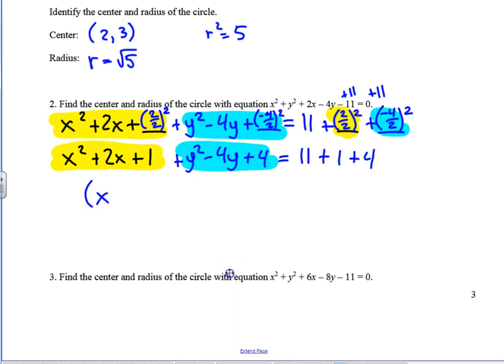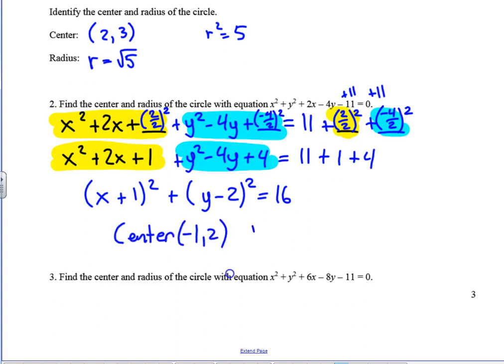It would be 2 divided by 2, so this would be x plus 1 squared, plus y, keep the sign of the b, so negative 4 divided by 2 would be 2 squared, equals 11, 12, 16. So then our center here would be negative 1, positive 2, and our r squared would be 16, so therefore our r would be 4.